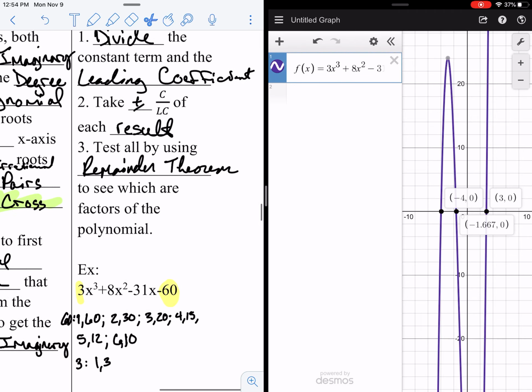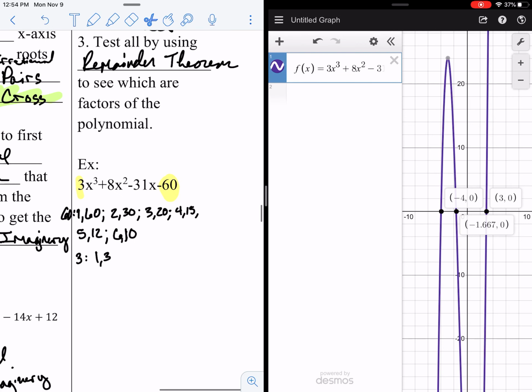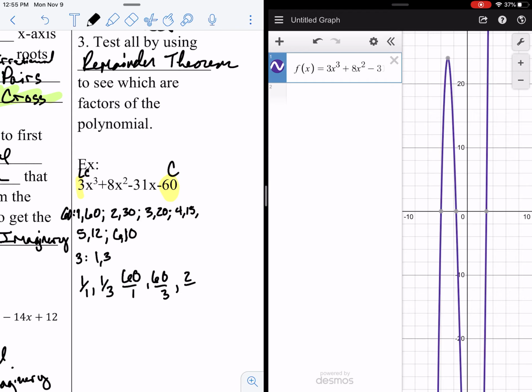All right, so it's your constant over your leading coefficient. So 1 over 1, 1 over 3, 60 over 1, 60 over 3, and then so on and so forth.